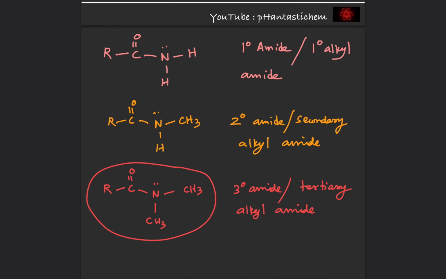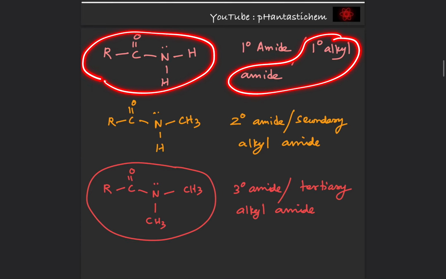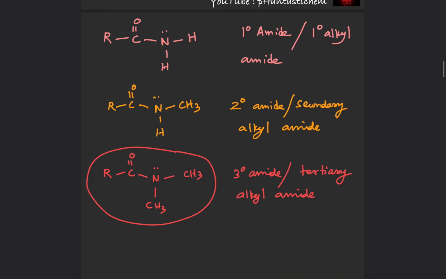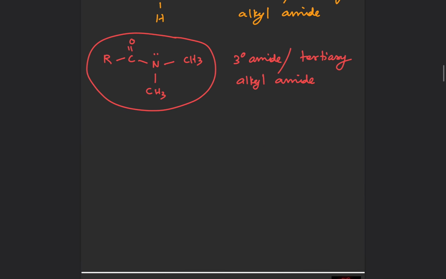So statement B says that none of them gives Hoffmann bromamide reaction, which is not true, because the primary alkyl amides, that is RCONH2, do show Hoffmann bromamide reaction, because N is connected to two hydrogens. So therefore statement B is false.